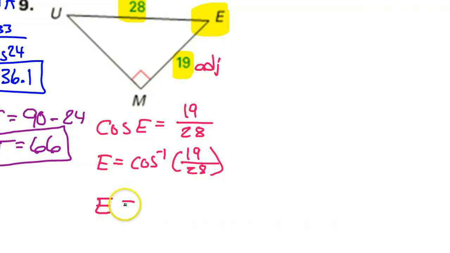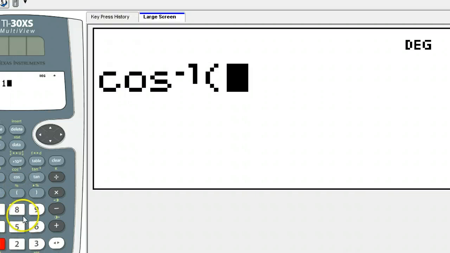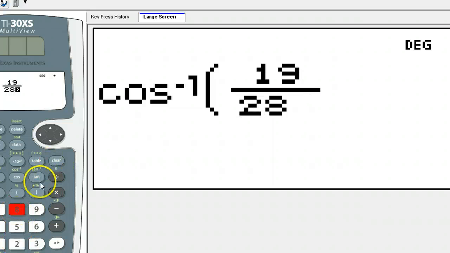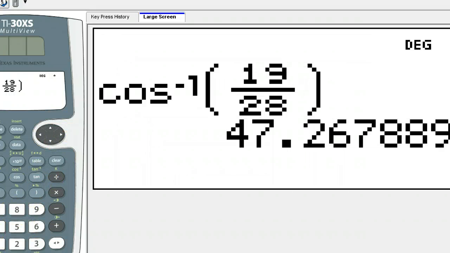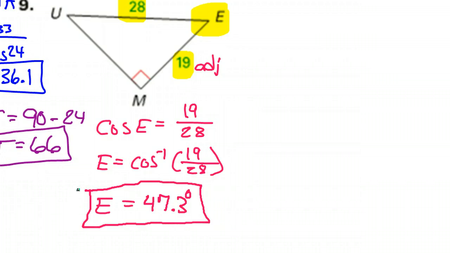Then you can write the answer by doing the inverse cosine of 19 over 28 in your calculator. Okay, so that's 47.3 degrees. This is an angle now, and angles in this case are measured in degrees. So that is one of the two angles.